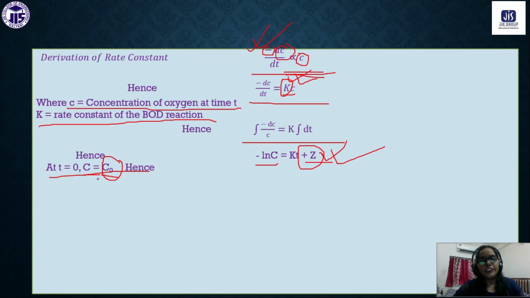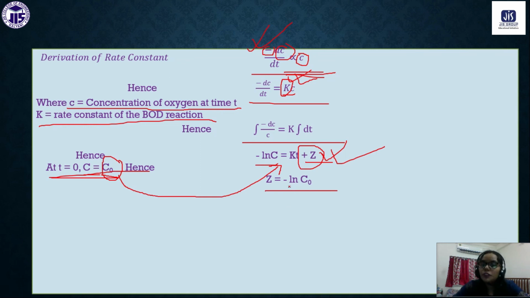So C equals C0. If we put these values in this equation, the value of t as 0 and C equals C0, then we will get the value of z. You can see it: z equals minus ln C0. That is z, the integration constant.